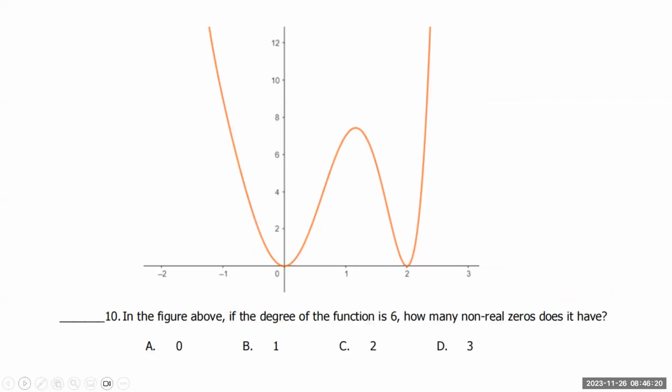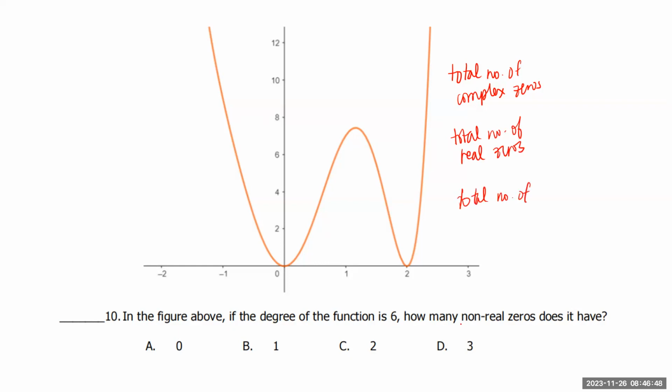Number 10, in the figure above, if the degree of the function is 6, how many non-real zeros does it have? So again, you need here to find 3: the total number of complex zeros, the total number of real zeros, and the total number of non-real zeros.